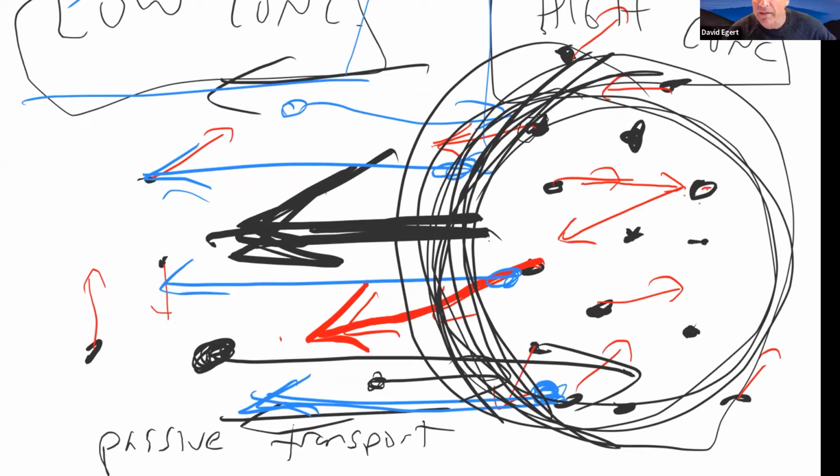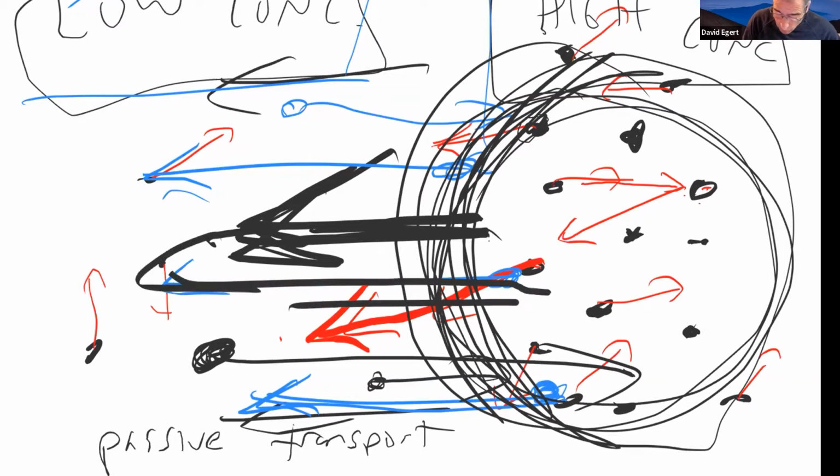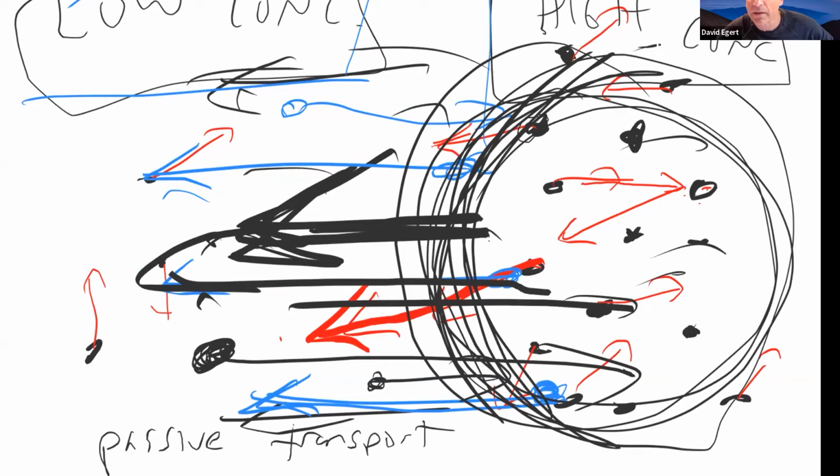This is decidedly not an equilibrium. That's why things are moving from one side to another. If you let it go long enough, it will eventually reach equilibrium, with an equal concentration on all sides. Then there will be no net movement anymore because there'll be just as many things moving in one direction as the other.